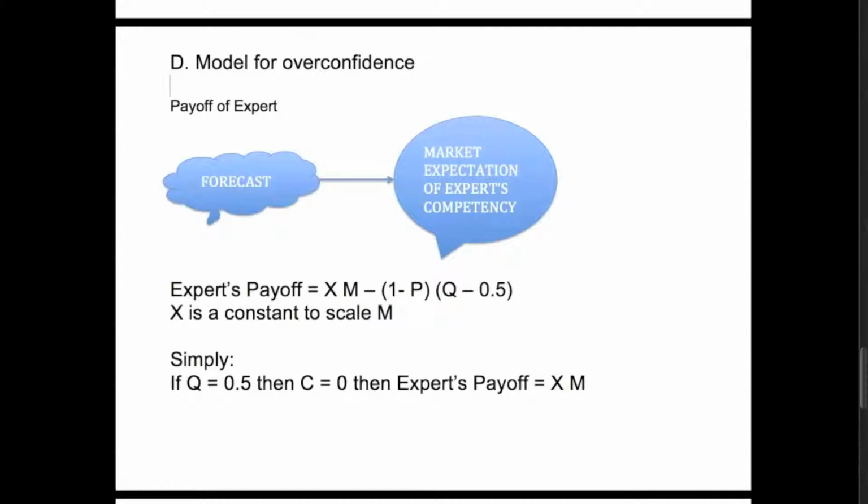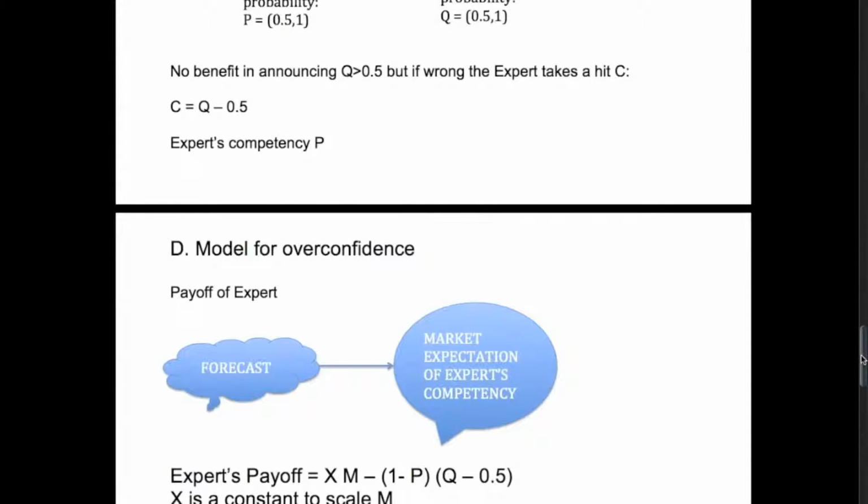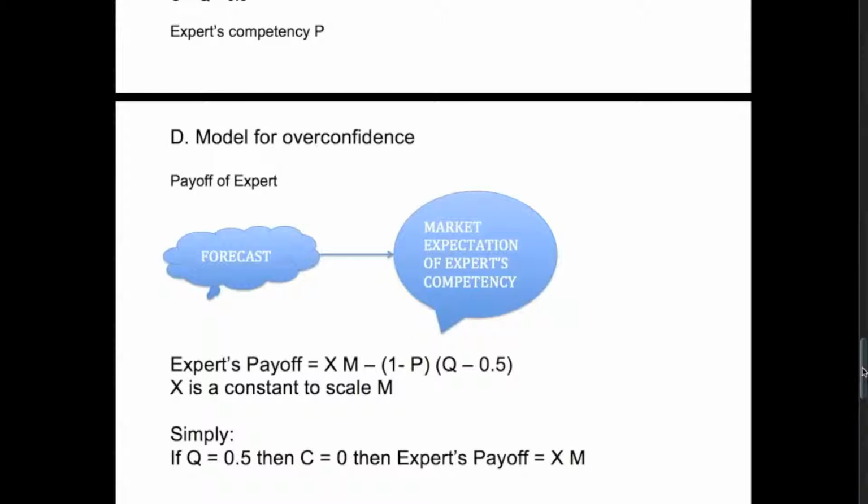X is just a scalar constant function that we have put in over here, and it scales M. So we have M, which is the market expectation of the expert's competency, minus 1 minus P. P, as we described last time, is the expert's competency. M is the market expectation of this competency.